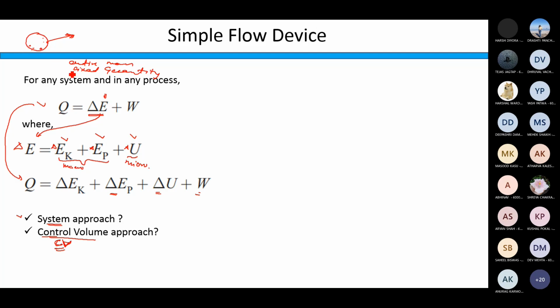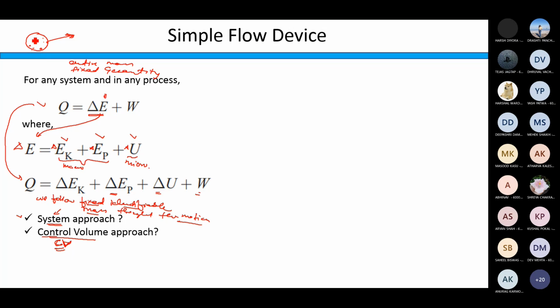So in the system approach, we follow a fixed identifiable mass throughout the motion. This phrase is important: fixed identifiable mass. This is the system approach.